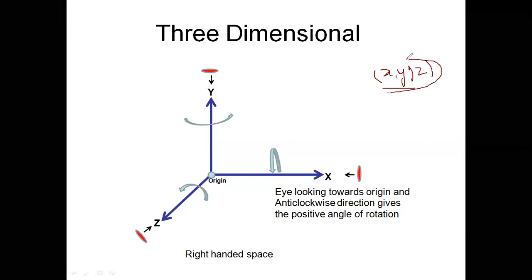When we introduce the z parameter into the coordinate system, it introduces depth to an object. For example, a square will become a cuboid. So depth is introduced.